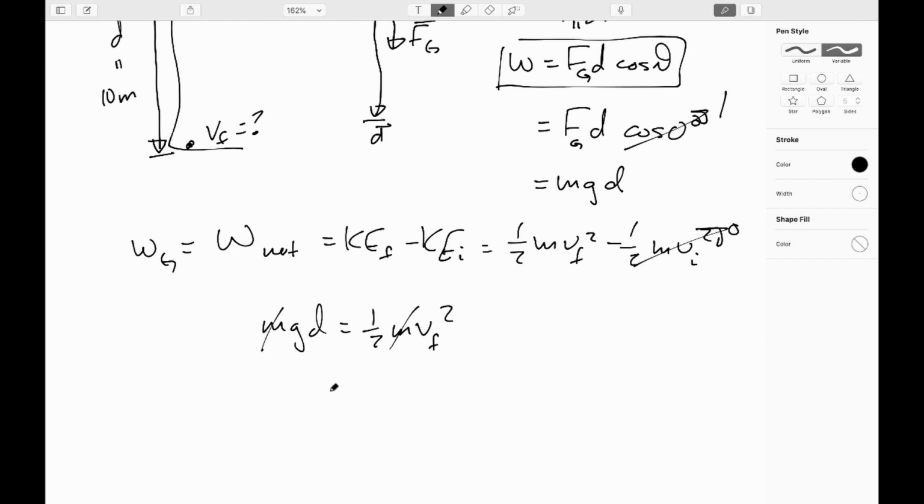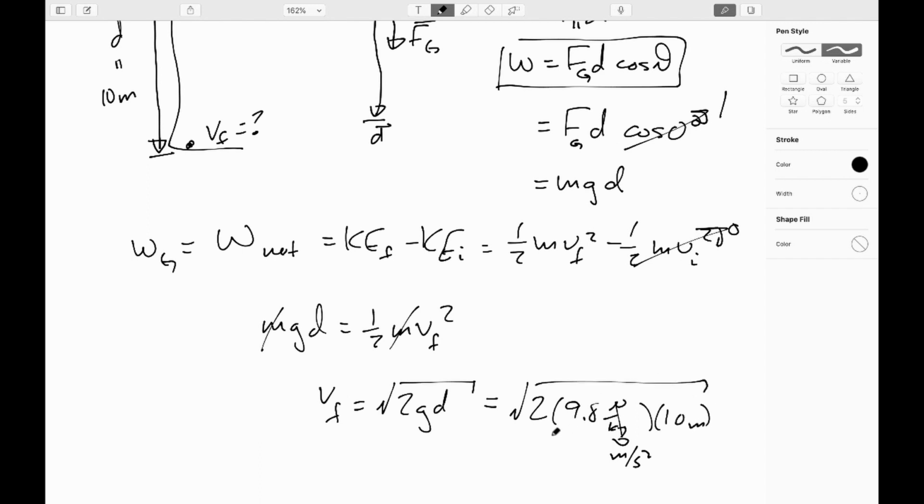So it turns out we did not need to know the mass of the rock. If I multiply both sides through by 2, take the square root of both sides, I get that v final is the square root of 2gd, which is a result we saw before from doing kinematics. So this is the square root of 2 times 9.8 newtons per kilogram, which we can go ahead and recast as meters per second squared, times 10 meters. This works out to be 14 meters per second.